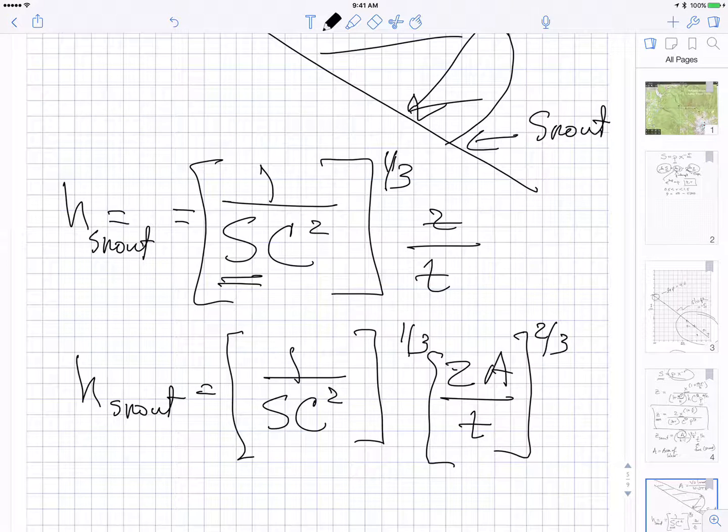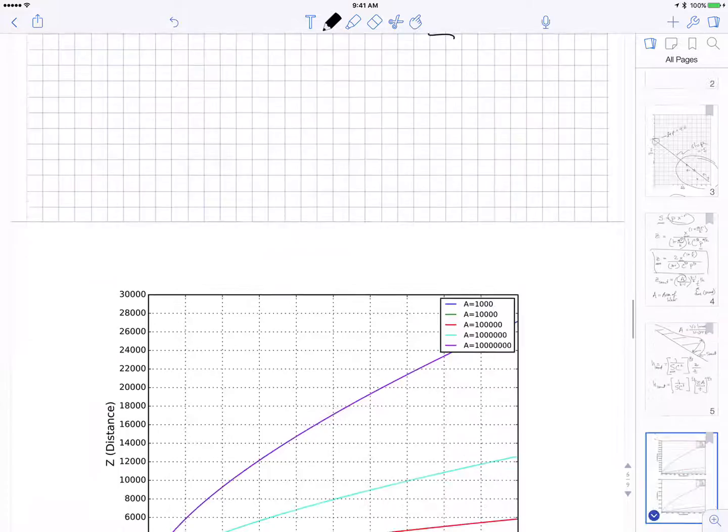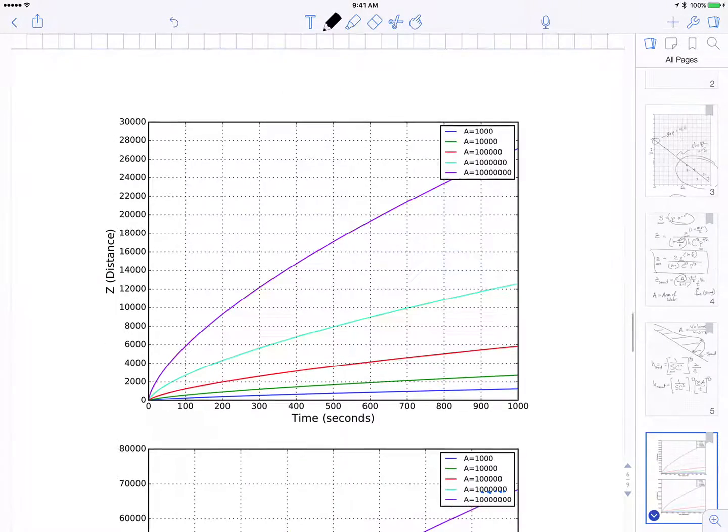Now, one can sort of solve for these, but it's easier to just work with them graphically, and so that's what we'll do. We have these plots that you've been given that have the z distance that you pick, and we want to solve for the time in seconds.